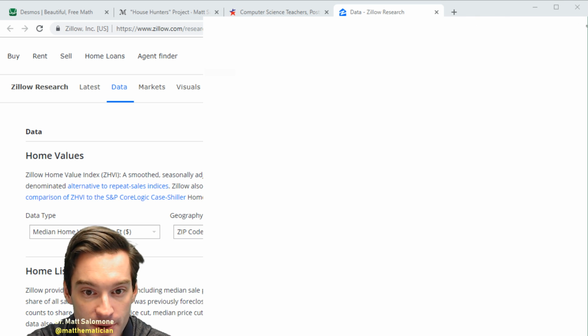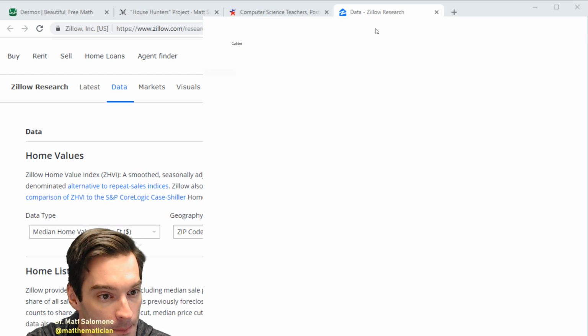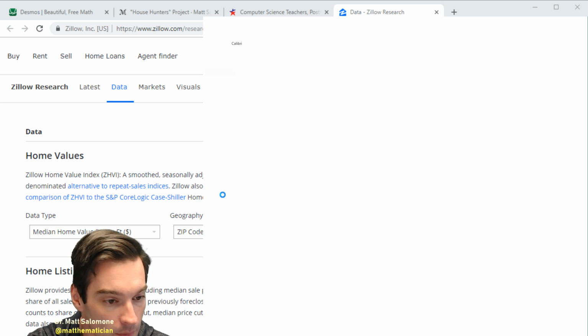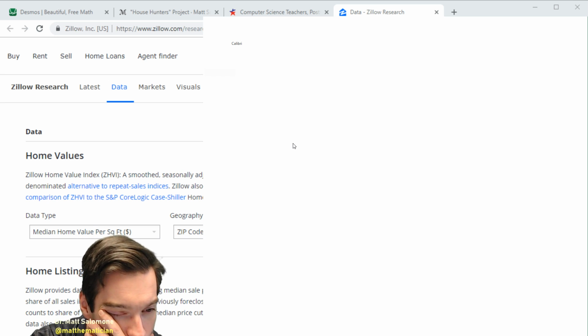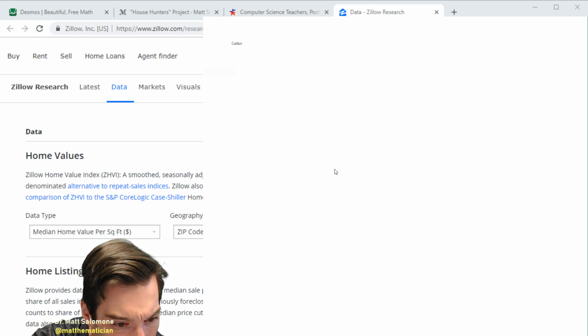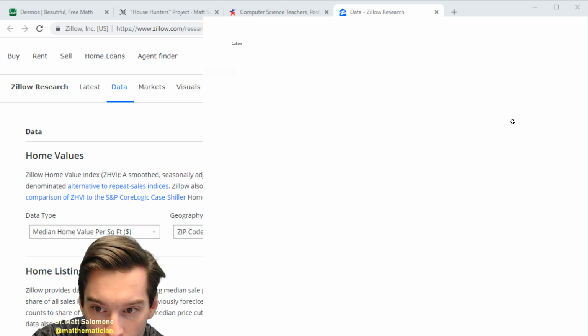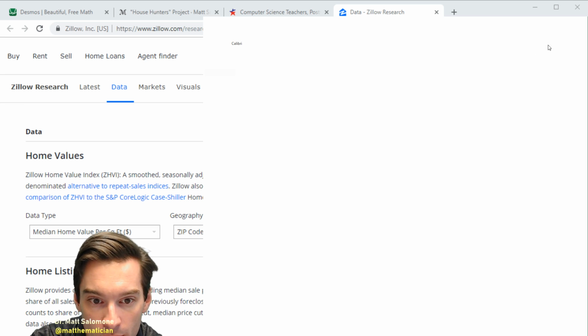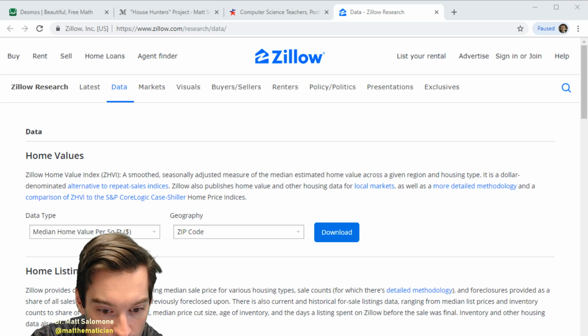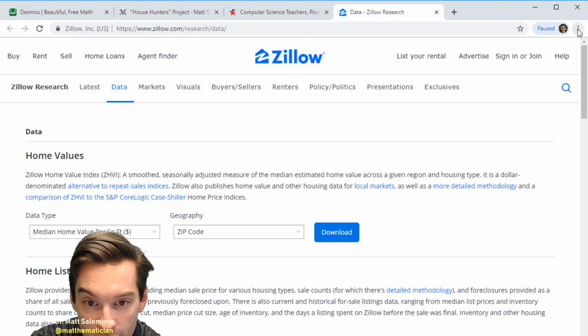Got to do a little bit of troubleshooting. Close Excel and open it back up one more time because I'm just having some issues getting it to display.